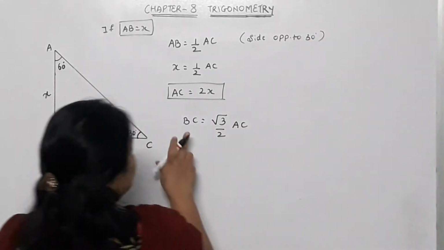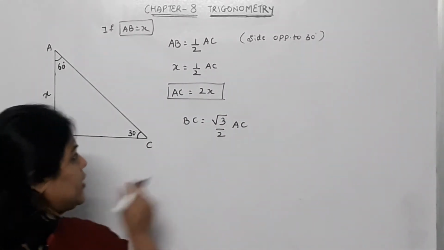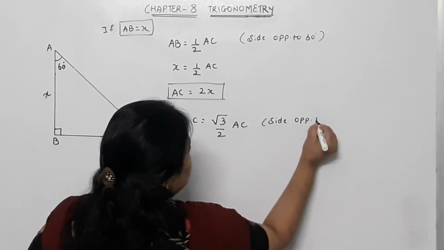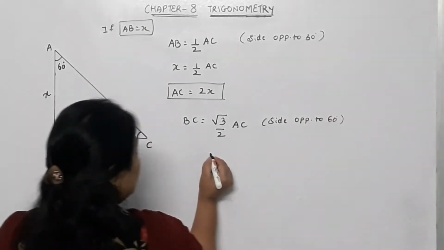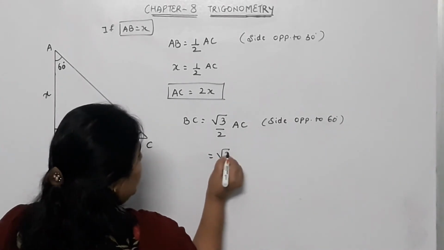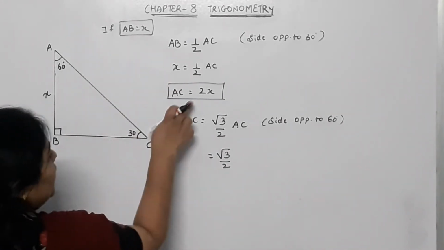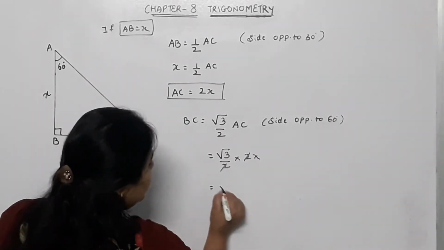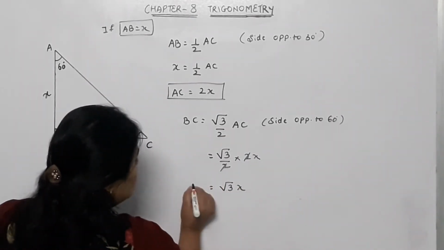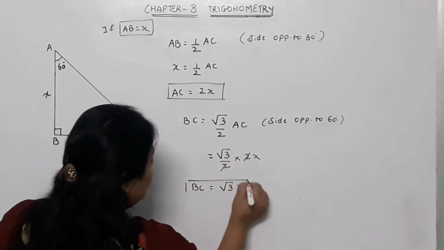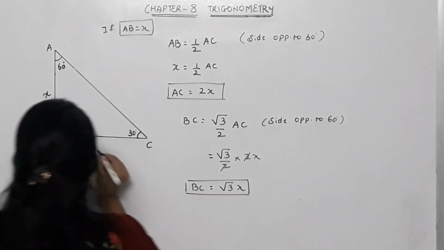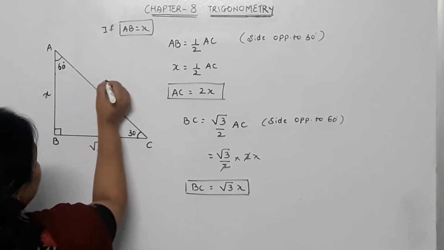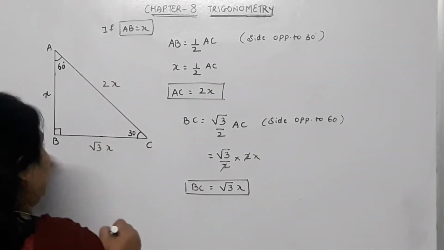And here BC is equal to root 3 by 2 AC, the side opposite to 60 degree. Right? Now root 3 by 2 and the value of AC is 2x. 2 and 2 will be cancelled. It will be root 3x. So the value of BC is root 3x. This way we are getting all three sides of triangle ABC.